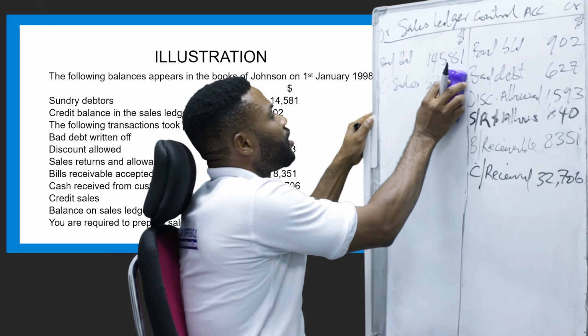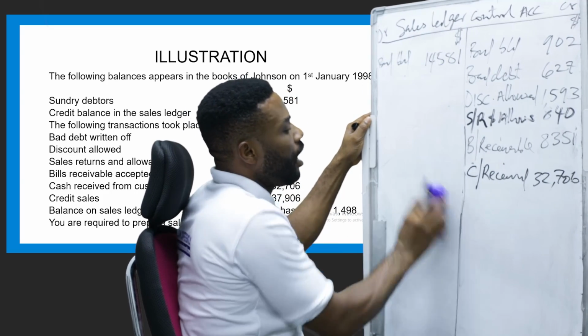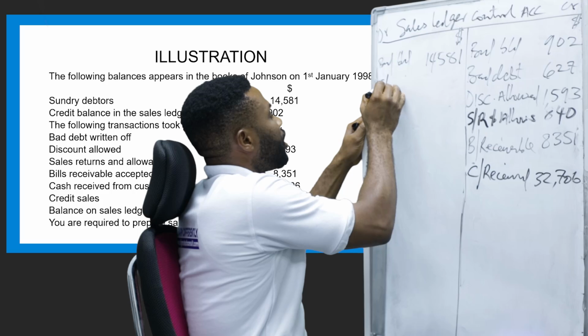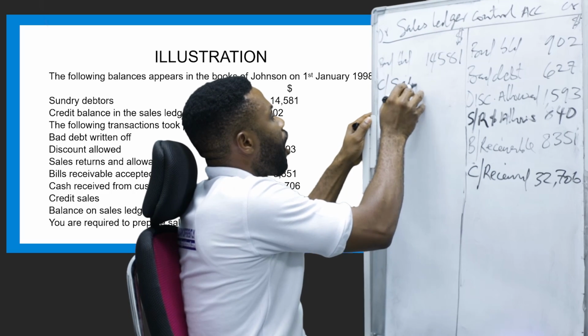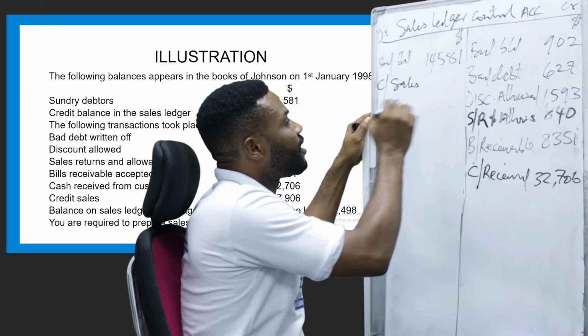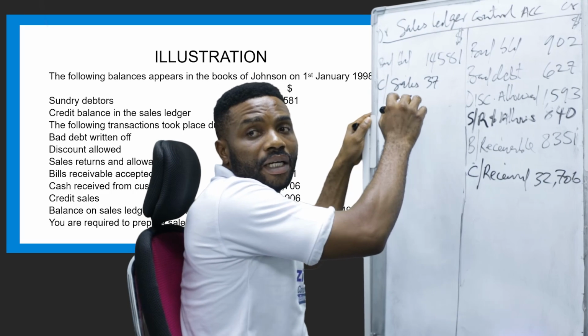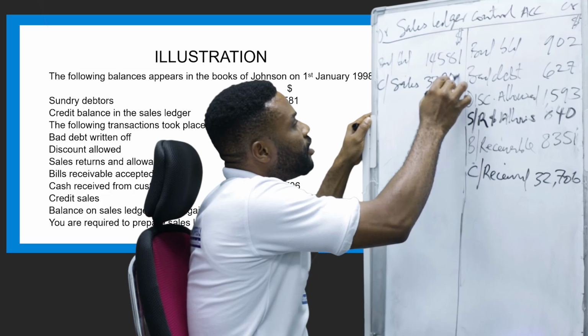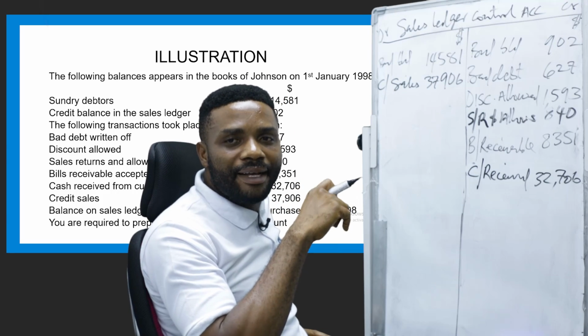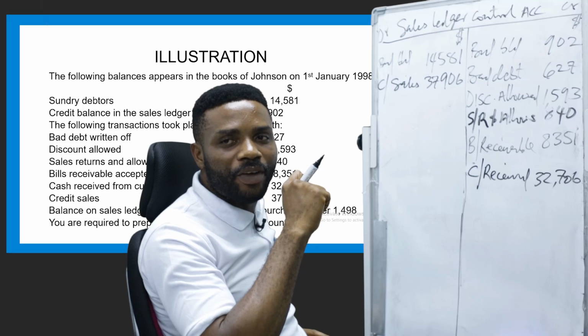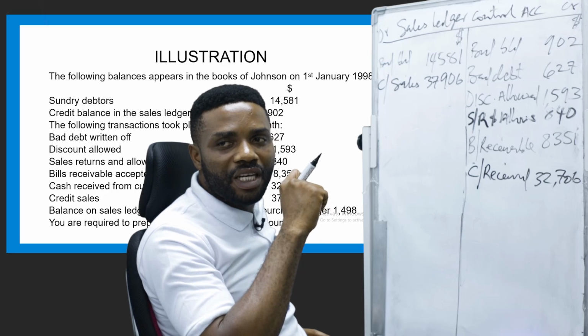And then the second to the last transaction there is credit sales. Now our credit sales here, our credit sales, is 37,906. And then the last but not the least is balance on sales ledger set off against balance in purchase ledger.